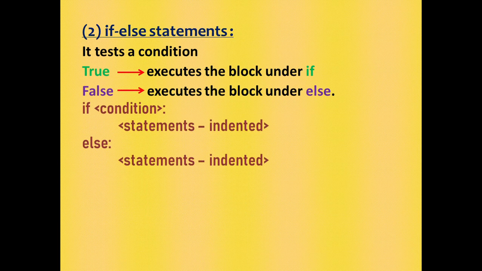See the general syntax: if condition followed by a colon, some statements indented, and else colon, again some statements indented. The if and else, that is I and E, should be in a straight line. That has to be followed by a colon.